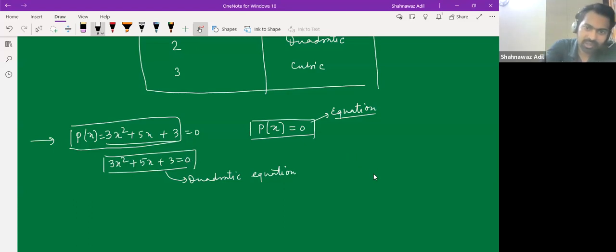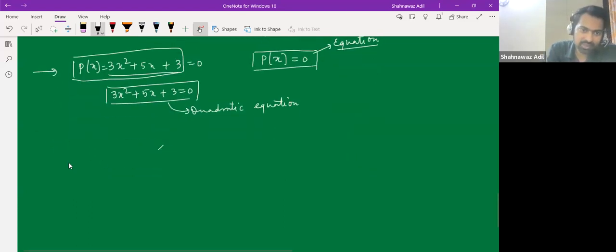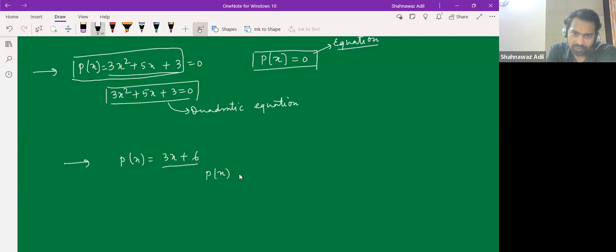Let me take a simple equation, a linear equation. Let's say I have the linear polynomial 3x plus 6. If I put p(x) equal to 0, then I get 3x plus 6 equals 0, which means 3x equals minus 6.